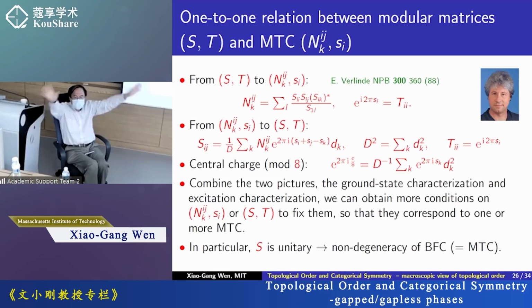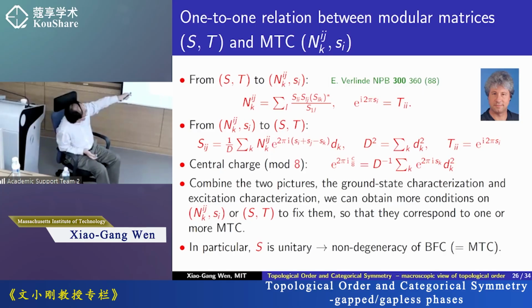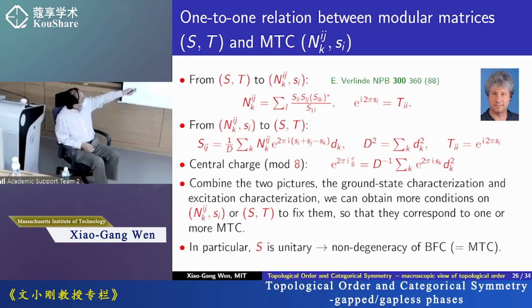And when we combine these two descriptions, there are a lot of relations, like this Verlinde formula, where the S matrix and the fusion ring are related by this amazing formula. And also the topological spin and the T matrix are related by a very simple formula.